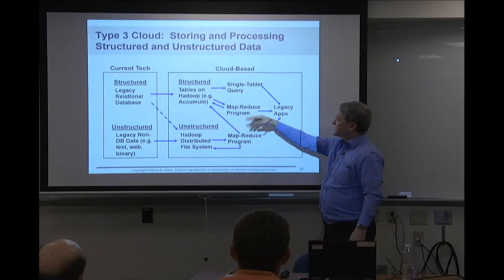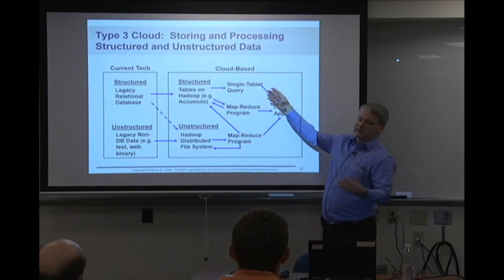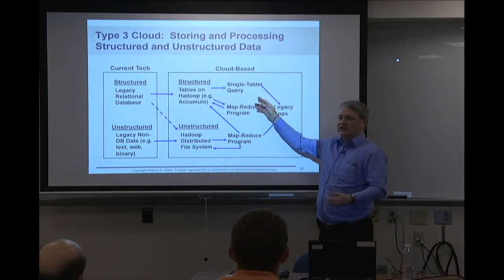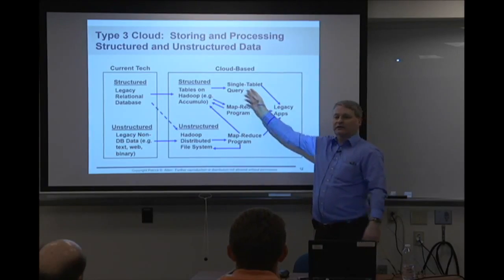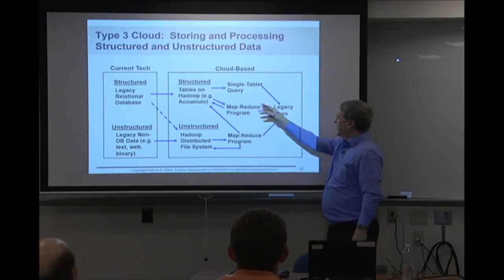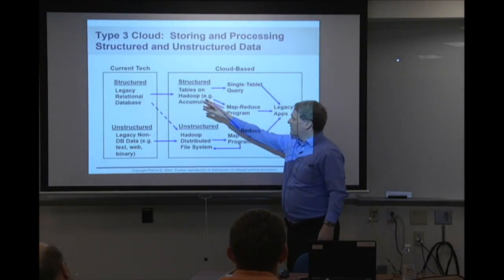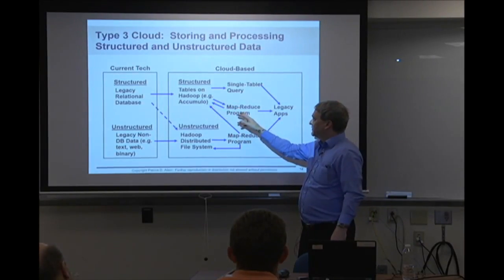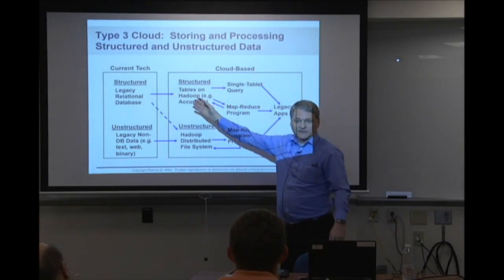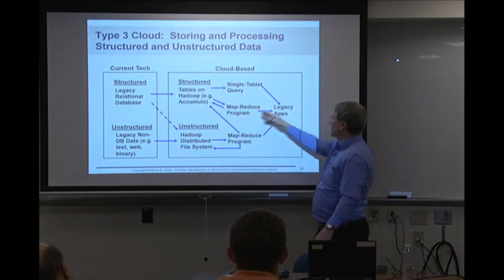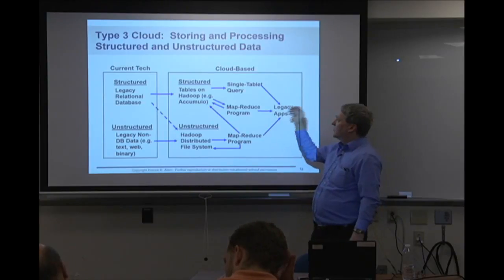And you can do what's called a single tablet query, technical term, but basically it's like your old queries, but it's on an Accumulo table, right? And then you can put it out to legacy applications. Or from there, you can run a MapReduce program on Accumulo and put it back into Accumulo. Or you can put the output into a legacy application.